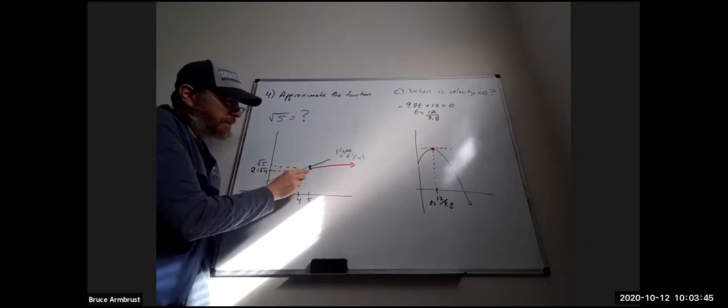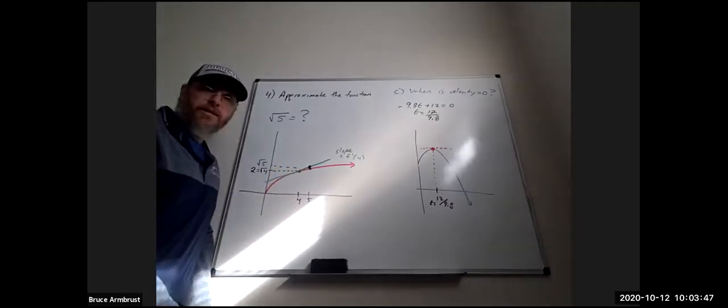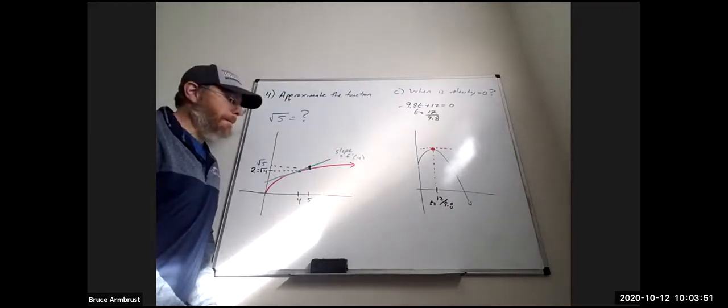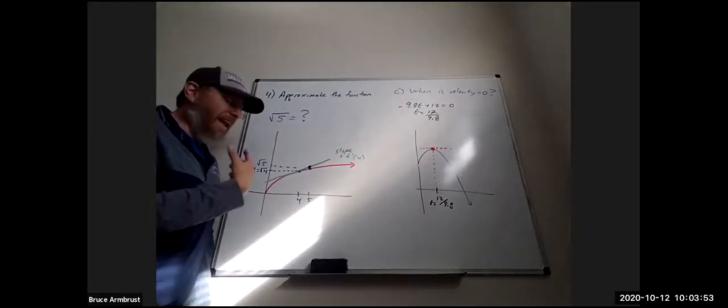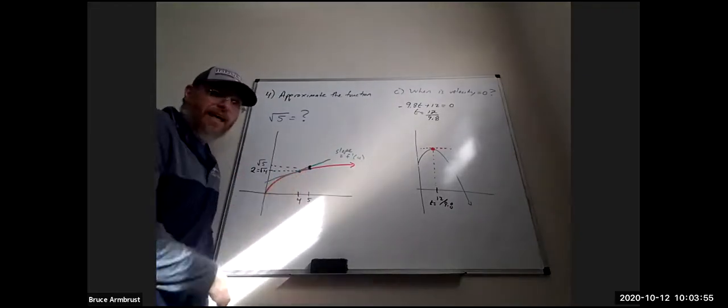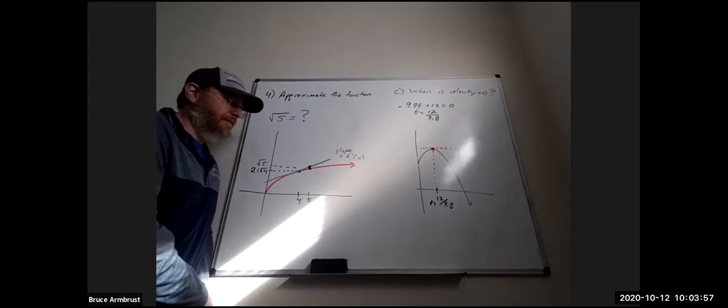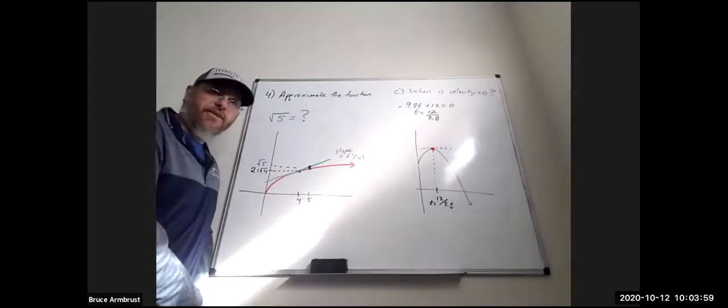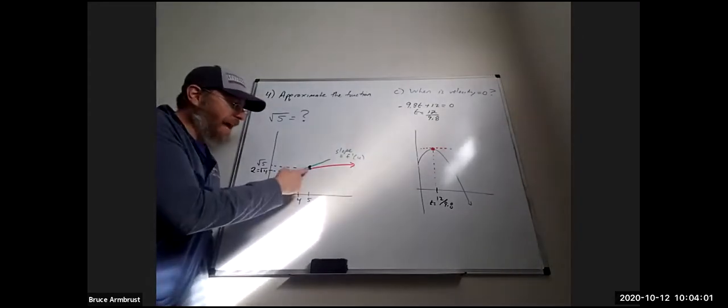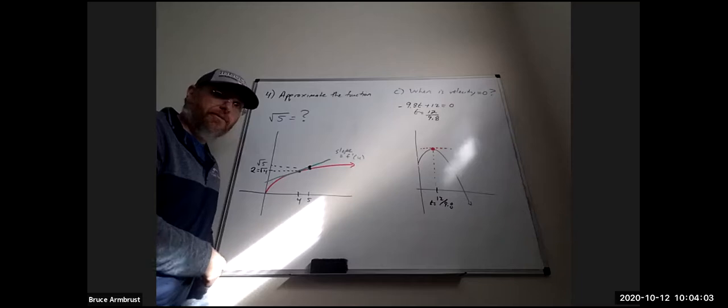Notice that the dot on the line is really close to the dot on the curve. So finding the one on the line is going to be a really good approximation for the actual value.